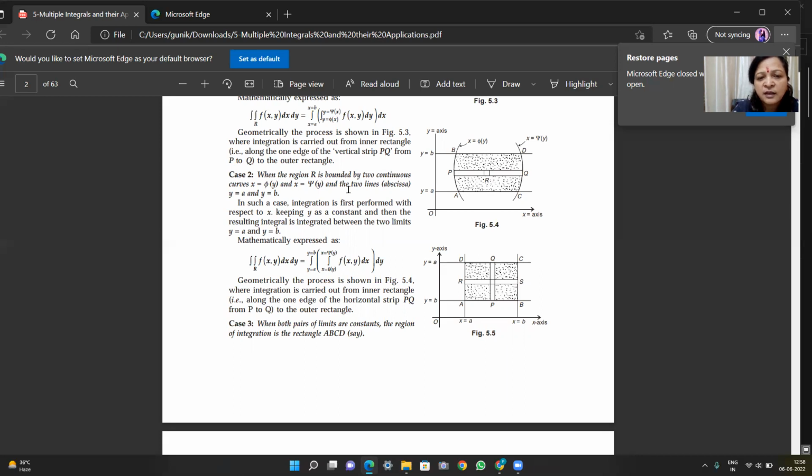So in such a case, integration is first performed with respect to x, keeping y as constant, and then the resulting integral is integrated between two limits y equal to a and y equal to b.